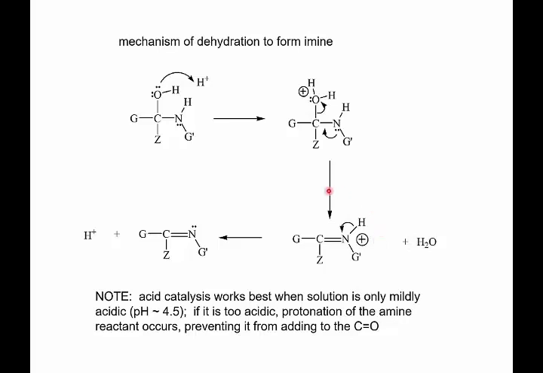You're getting a cation here. This has a name called the iminium ion. Now, right here, this can break off a hydrogen ion. The lone pair swings in. The hydrogen ion comes off. The catalyst now is regenerated, ready to catalyze another reaction. And you're forming your imine product.